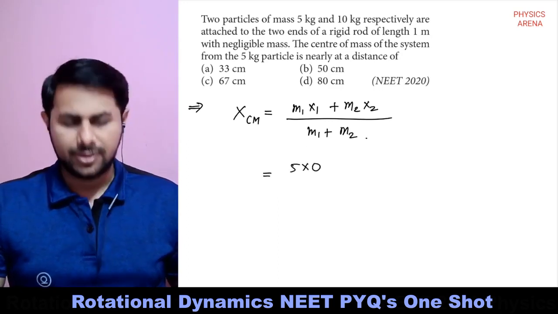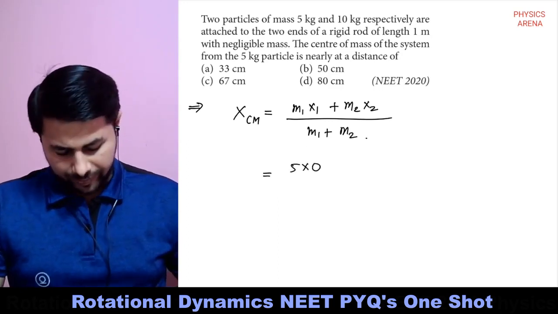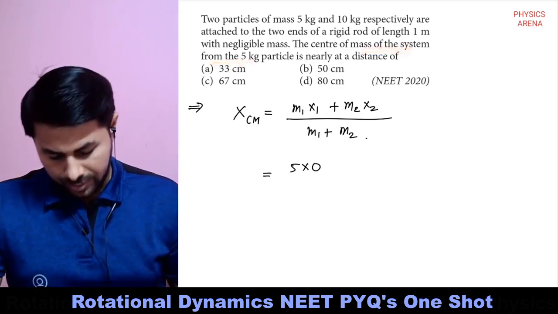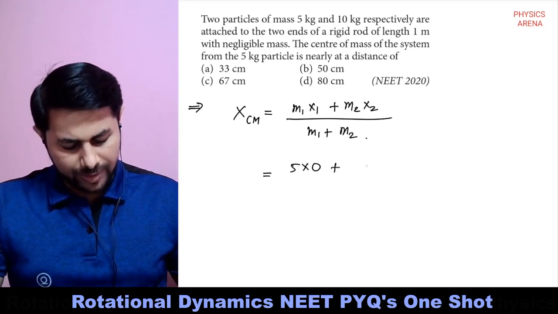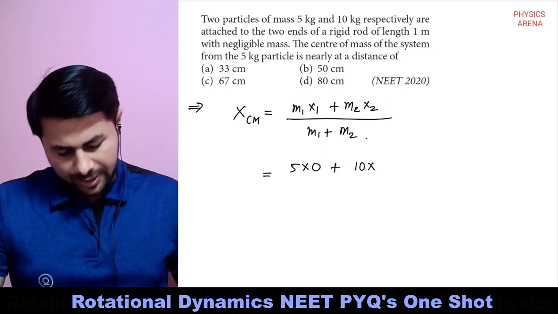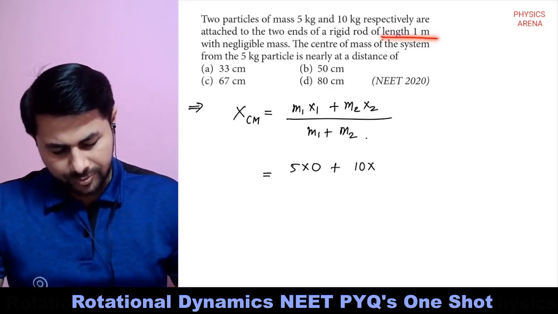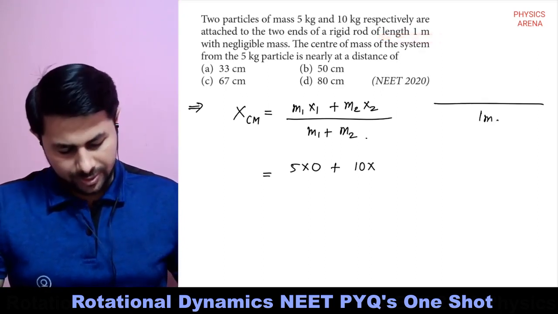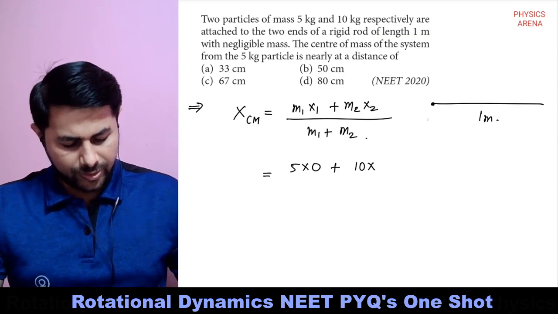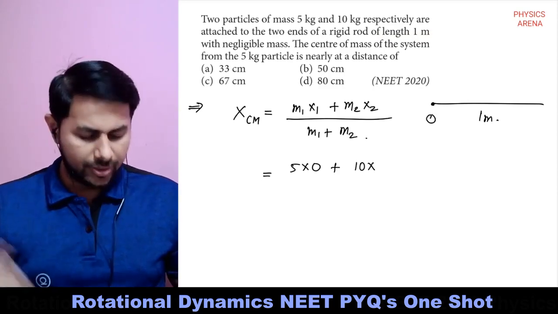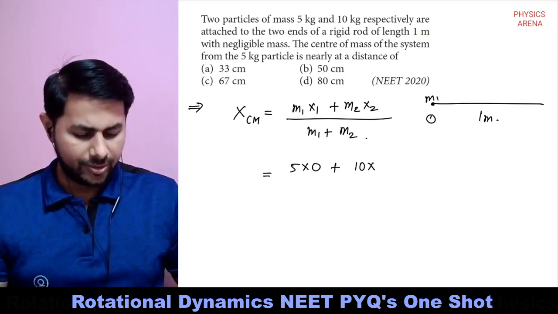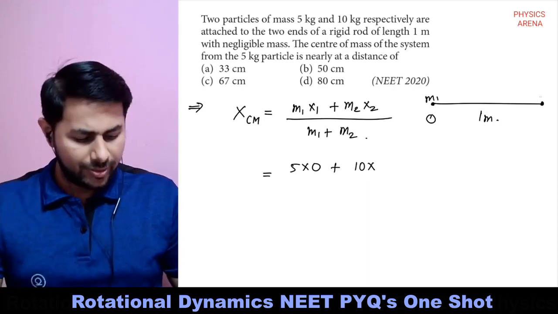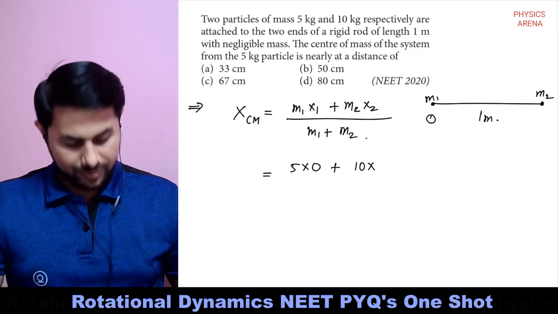It is 5 times 0, because you are asked the center of mass from the 5 kg mass. So 5 times 0 plus M2, which is 10 kg, times x2. The rod is of length 1 meter, so the position of M1 is 0. The position of the second particle, at the other end, is 1 meter, right?